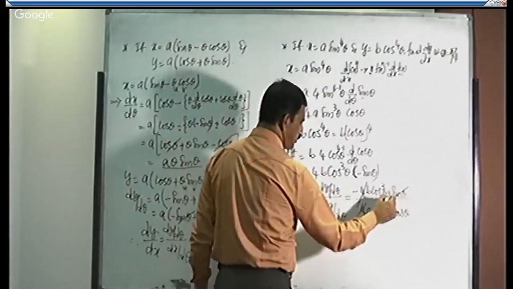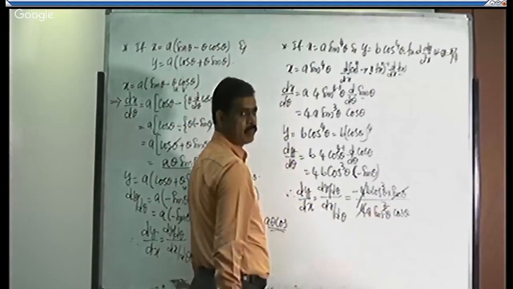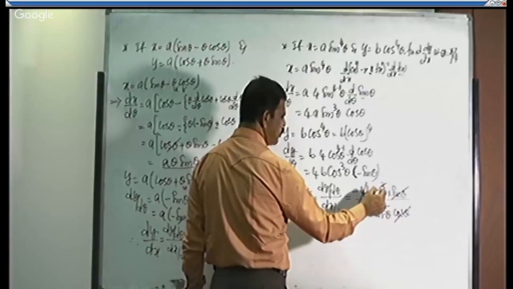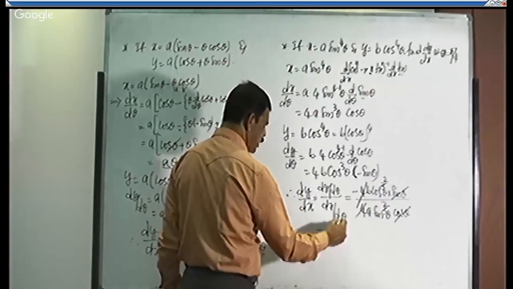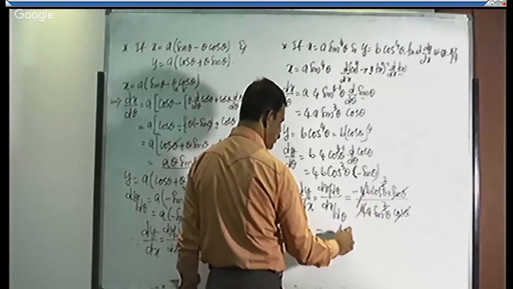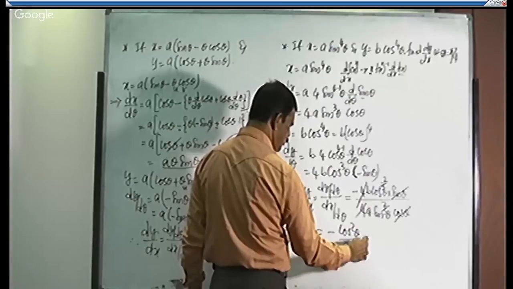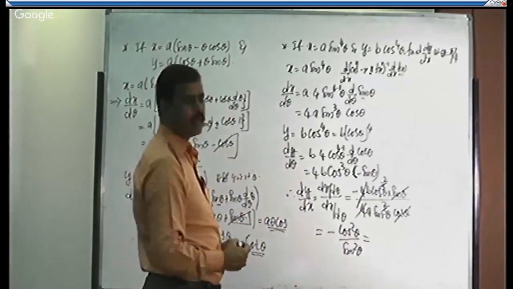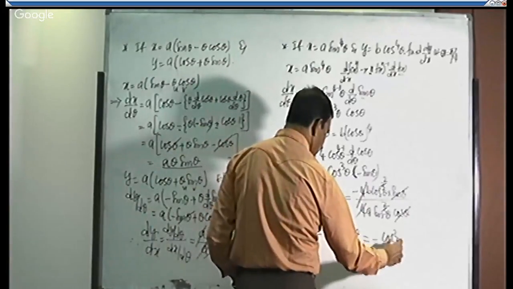Sin is cancelled with one sin, remaining is what? Sin square. Correct? Cos cancels with cos, remaining is cos square. So finally, dy by dx is what? Minus cos square theta divided by sin square theta. Sin theta by cos theta is tan theta, cos theta by sin theta is cot theta. Therefore, it becomes what? Cot square theta.